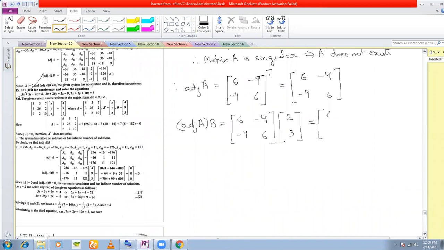You get 6 into 2 plus minus 4 into 3, and minus 9 into 2 plus 6 into 3. So therefore, what you get? 12 minus 12, a null matrix, 0, and 0. So that means the adjoint of A into B is a null matrix.